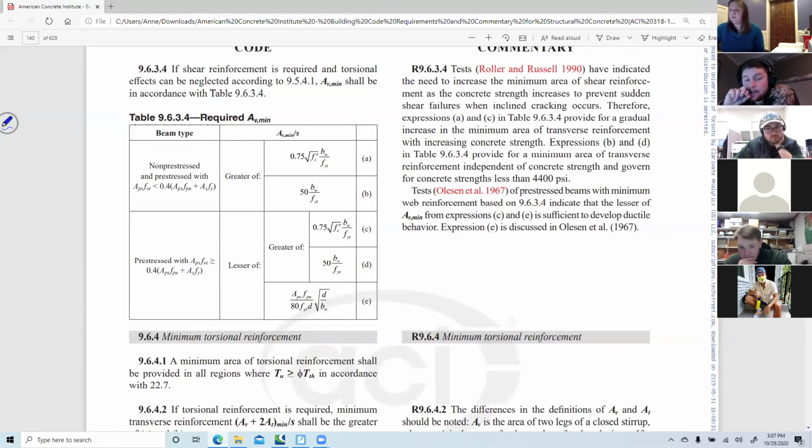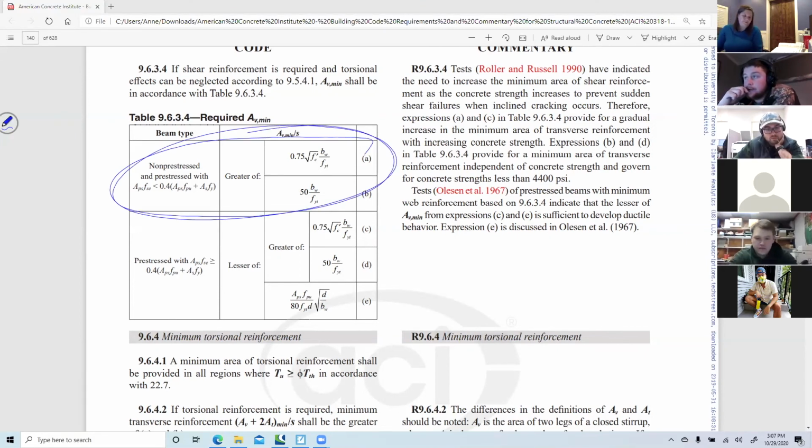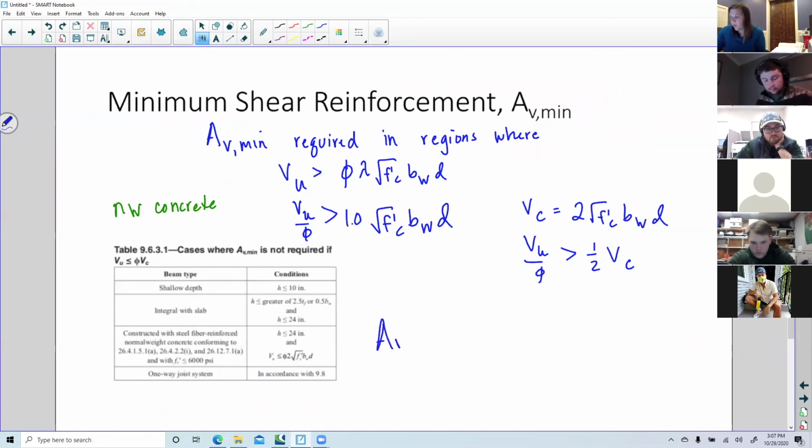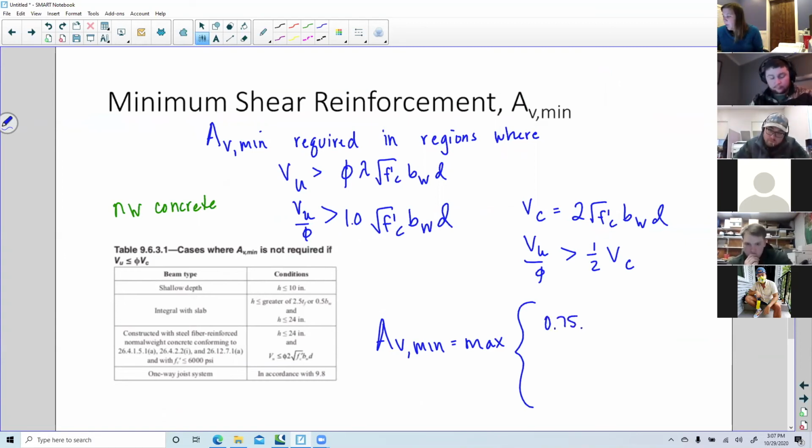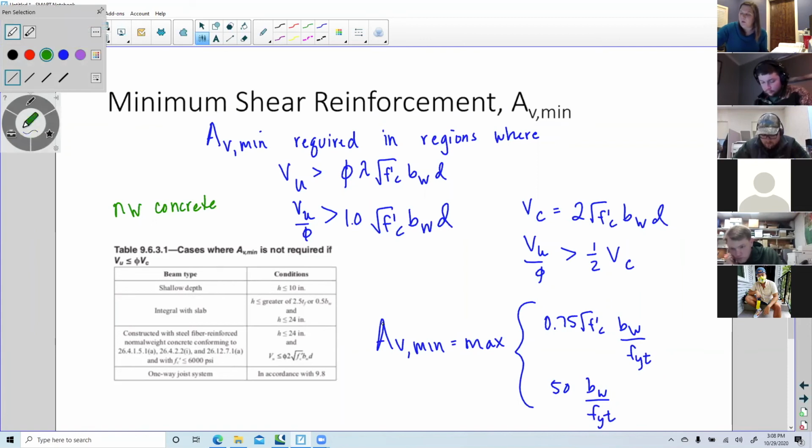And obviously we're in non-prestress. Remember where f prime c goes in as psi and comes out as psi. So this 50 is also psi.